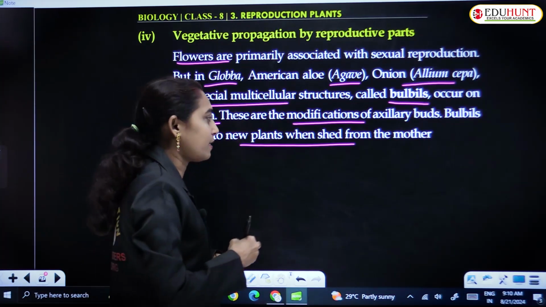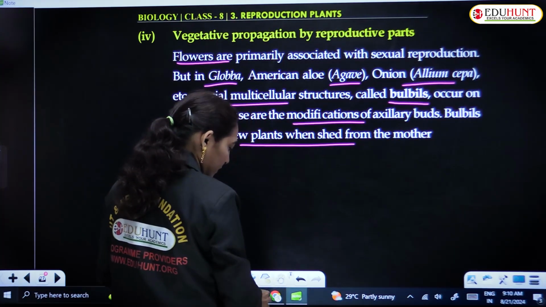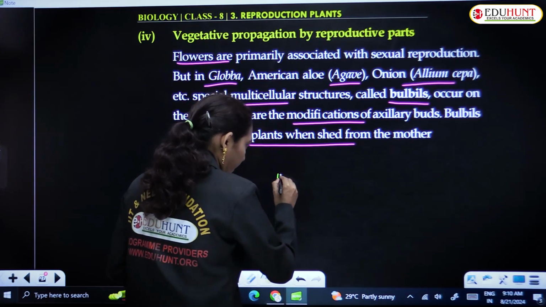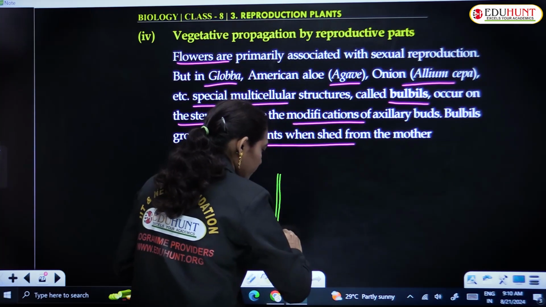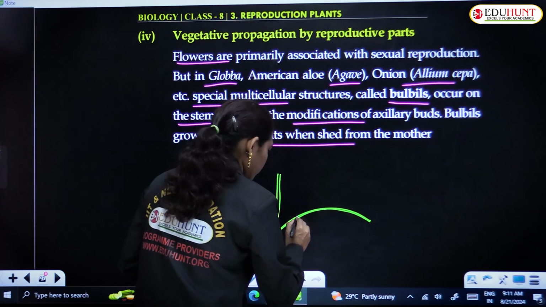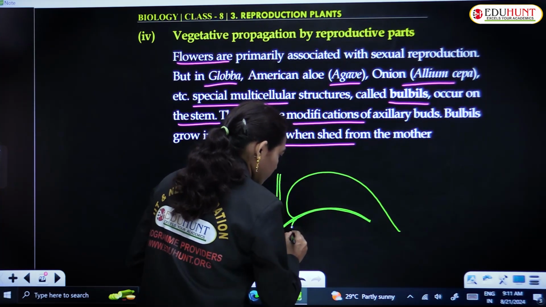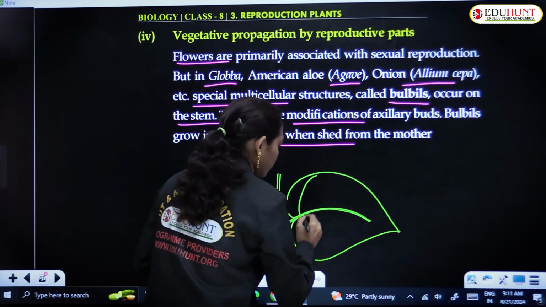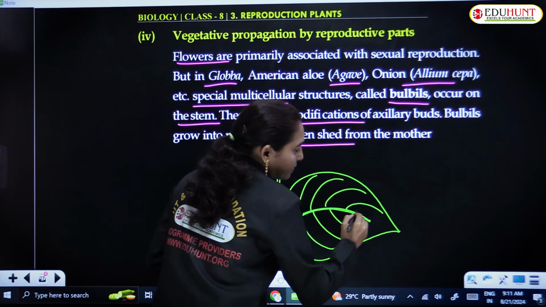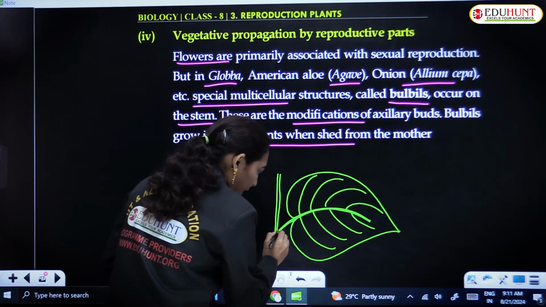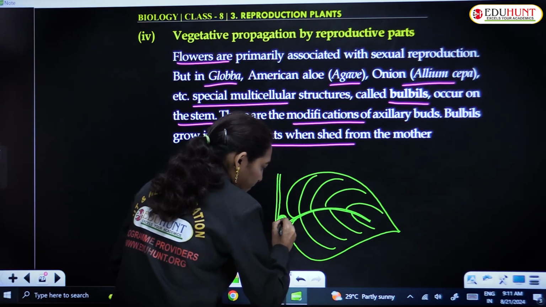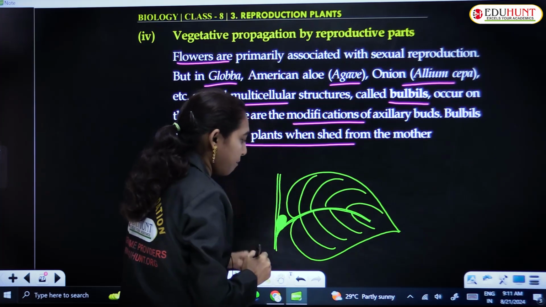Bulbils are found in Dioscorea. The Dioscorea leaf looks like this, the plant, and in the axils the bulbils arise. This is the bulbil.